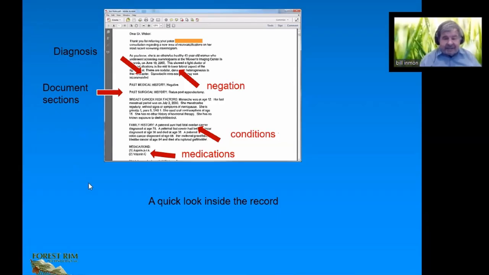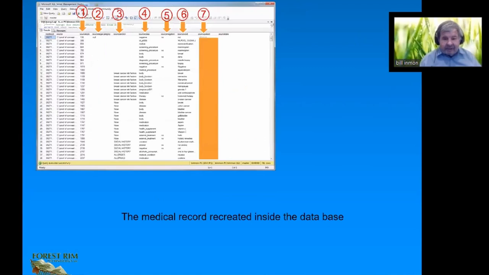This is what a medical record looks like. Here is the database that's created from analyzing the medical record. You can go in and look for the different conditions, medications, and things like that, and find what's in your medical record.